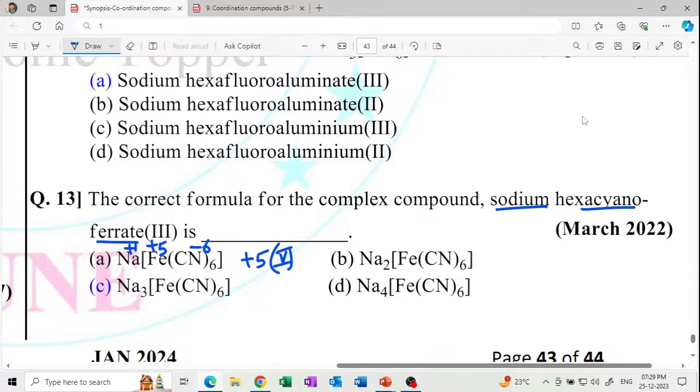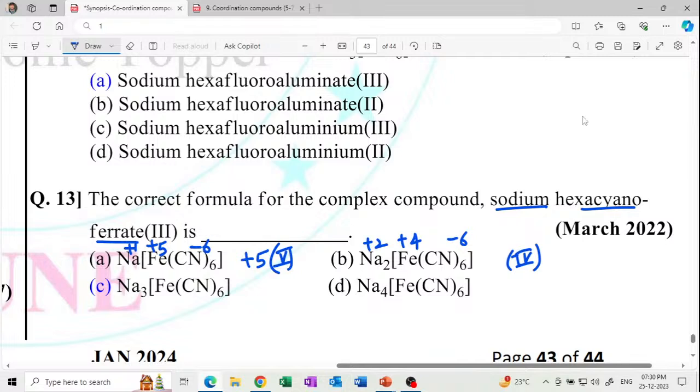Then here this is +2 and this is -6, so Fe is +4. In option B, it is +4, so this is not the option.